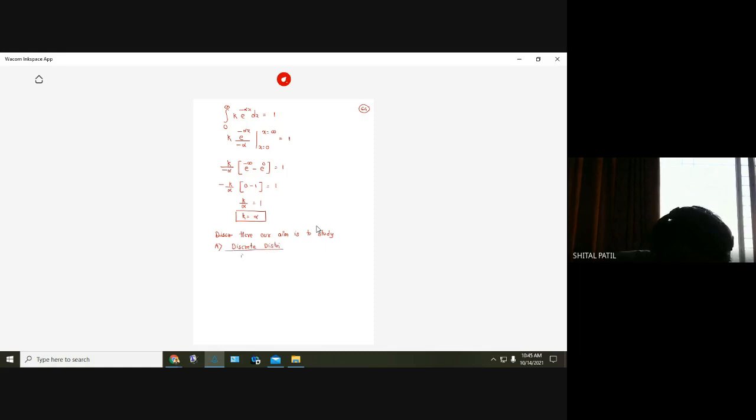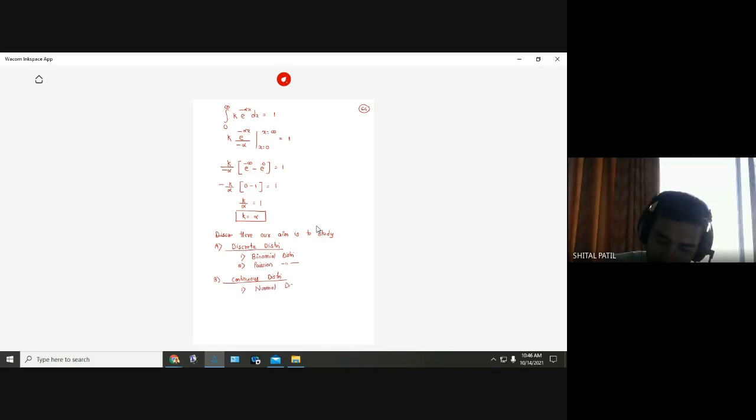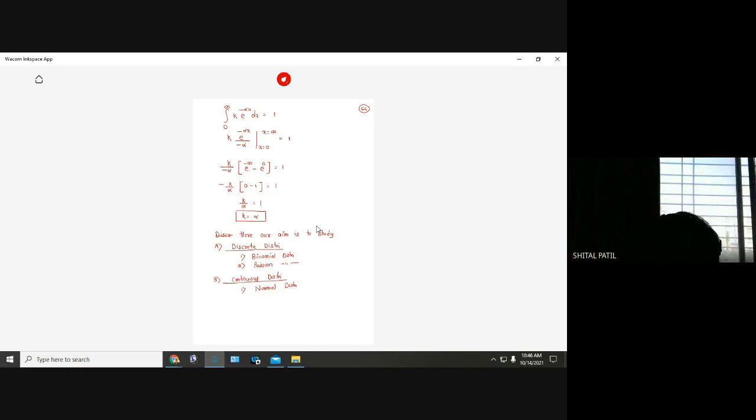Inside that, two parts are there: binomial distribution and Poisson's distribution. And then B, continuous distribution: normal distribution. Many are there, but here we have to study these only.